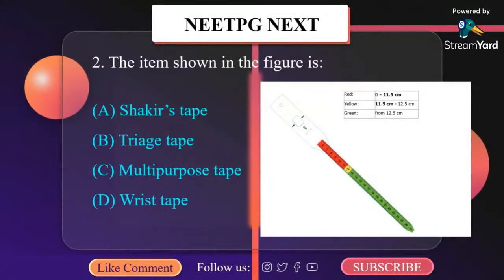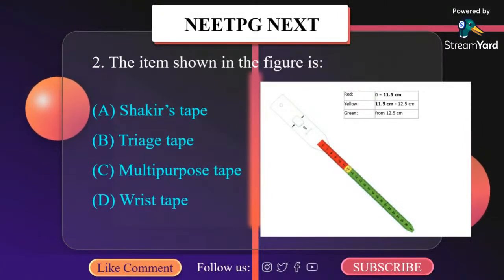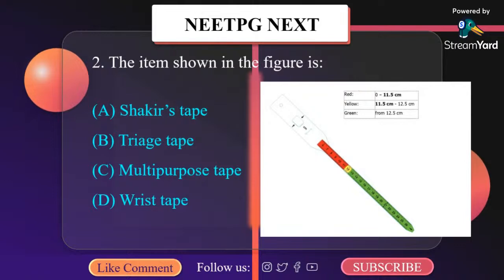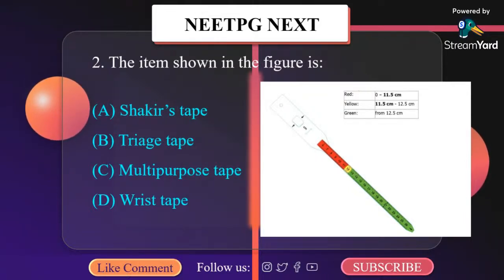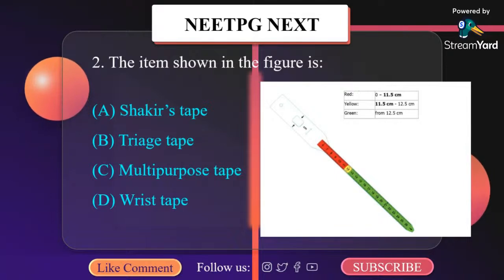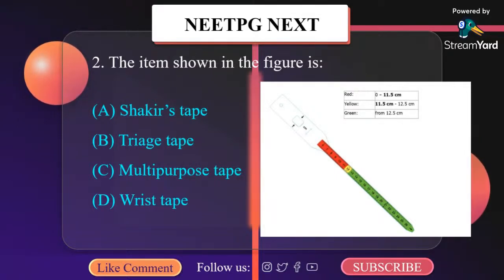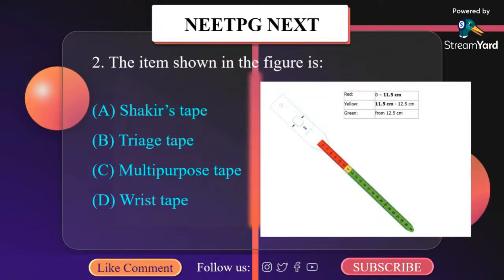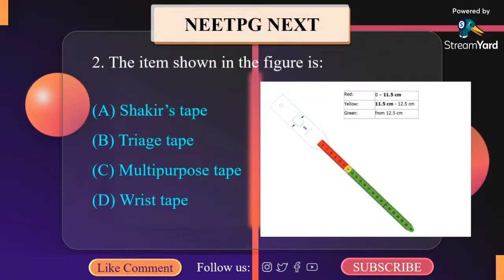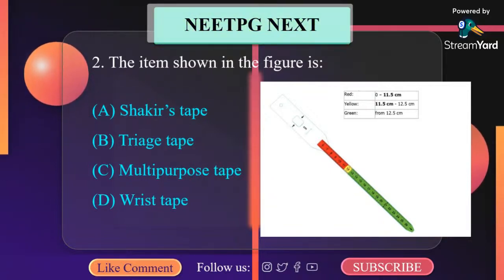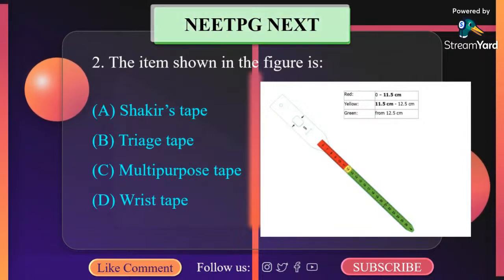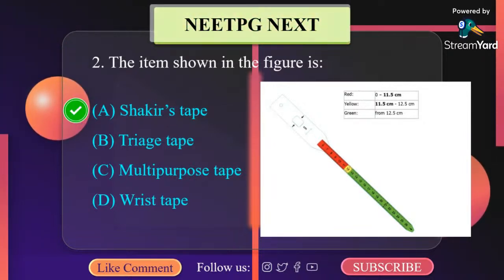The item shown in the figure is A. Shakir's tape, B. Triage tape, C. Multipurpose tape, D. Wrist tape. Now look at the tape carefully. What tape is it? Also look at the figures given on the right side. Your time starts now. The correct answer here is Shakir's tape.